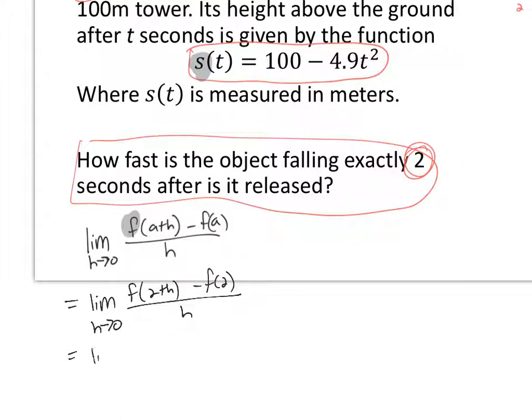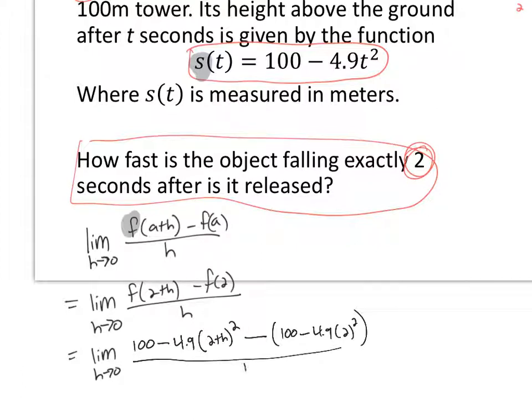And that's the same as the limit as h approaches 0 of f of 2 plus h, so 100 minus 4.9 times 2 plus h squared, minus f of 2, so 100 minus 4.9 times 2 squared, all of that over h.